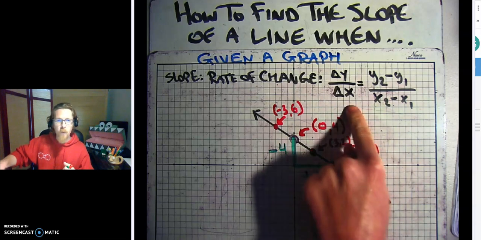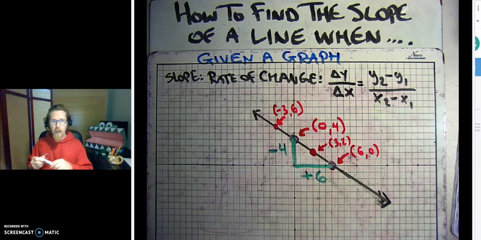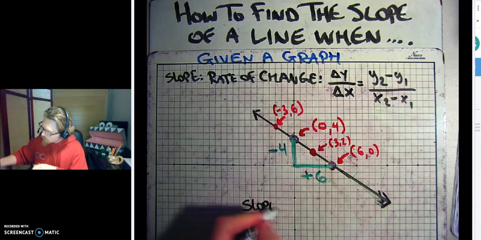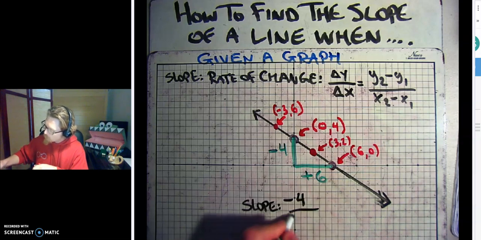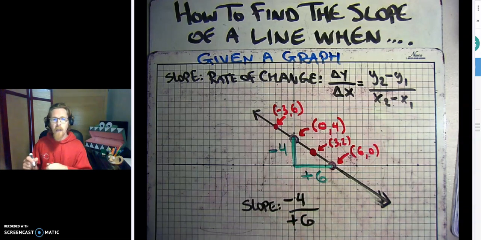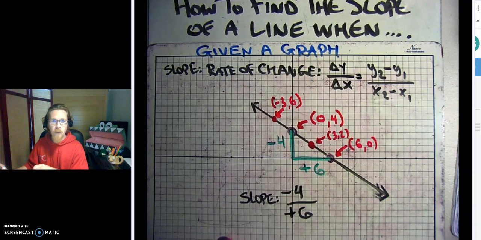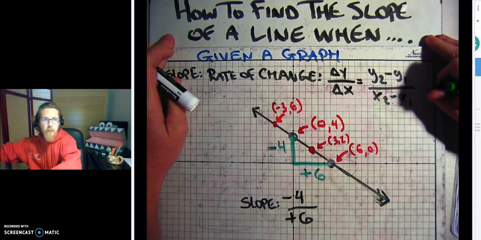And because my slope is the change in y over the change in x, I can write the slope as those values. My slope is the change in y, down 4, over the change in x. We literally write it as a fraction with the change in y over the change in x. Now this is our answer to the question. The answer is -4/6.